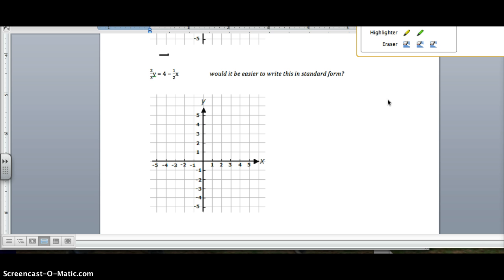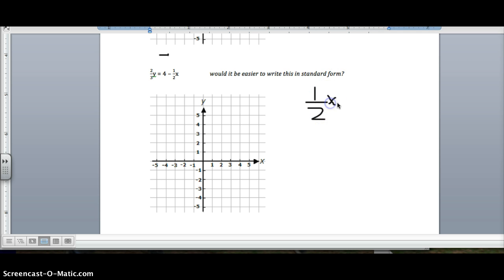I think it would be. So what I'm going to do is add 1/2 x to both sides. So if I add 1/2 x, I now have 1/2 x plus 2/3 y equals 4. And going ahead and doing the cover-up method, I'm going to say x is 0.